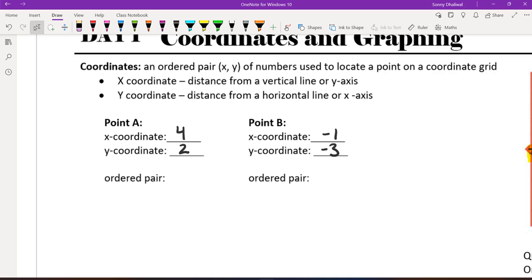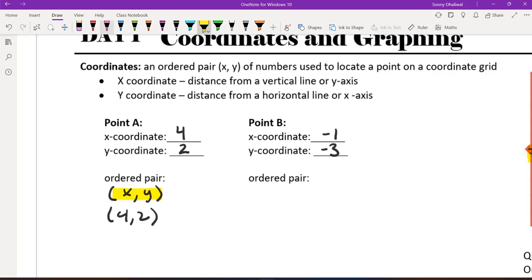Now you can list them in brackets like this, and that's called an ordered pair or coordinates. So for point A, that would be 4, 2. And it's always in this order, X, Y. Okay? So if I give you the values in this, you can tell which one's the X, which one's the Y. How do I remember this?